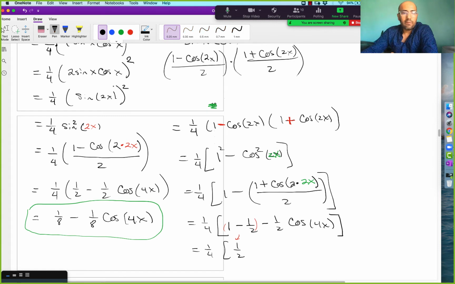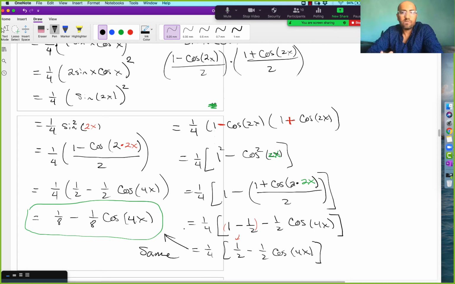And then we still have this minus 1/2 cosine of 4x. And when we distribute the 1/4, we get the same answer as this one. Good. So more than one way to get to the same answer.